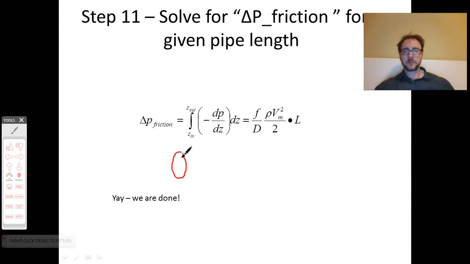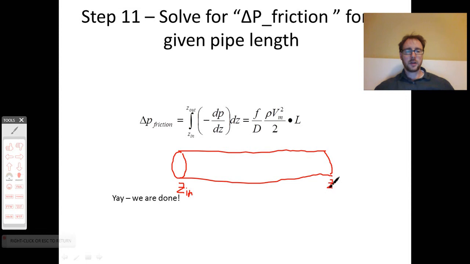To understand what this equation means, I've got a tube and I've got fully developed flow in it, and we'll assume that we have Z in over here and Z out at the far end. And what we will do is integrate along that length of tube L for the pressure gradient, given the fact that we have this velocity profile and this friction factor operating in order to cause that velocity profile due to the wall drag on the wall.